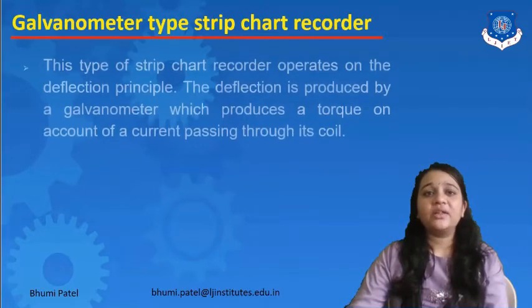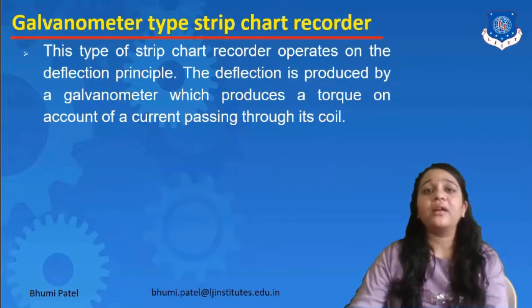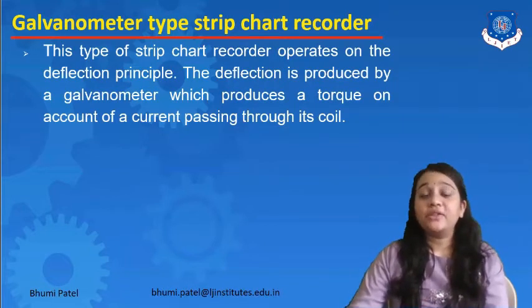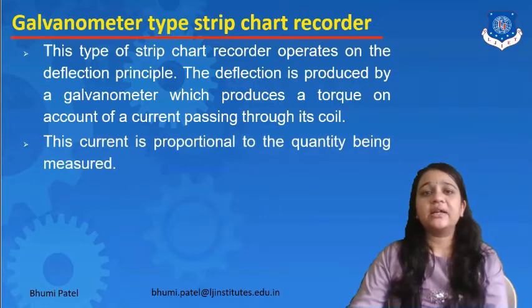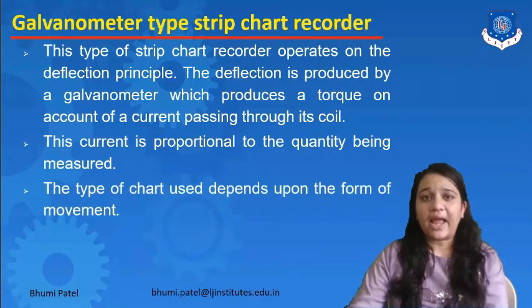Now, what is the galvanometer type strip chart recorder? This type of recorder operates on the deflection principle. The deflection is produced by a galvanometer, which produces a torque on account of a current passing through the coil. This current is proportional to the quantity being measured. The type of chart used depends upon the form of the movement.